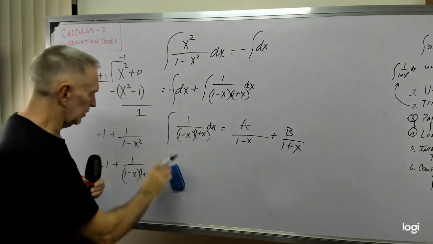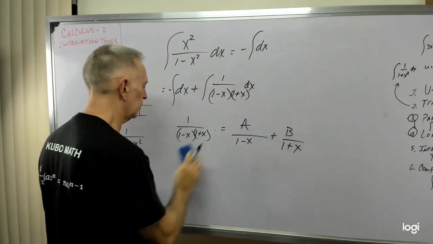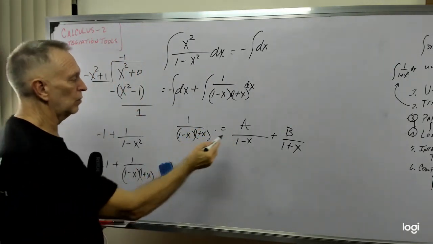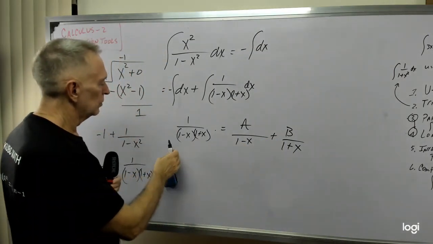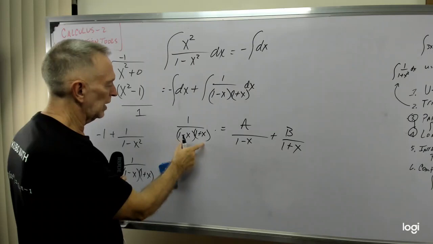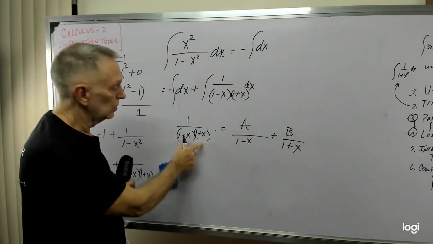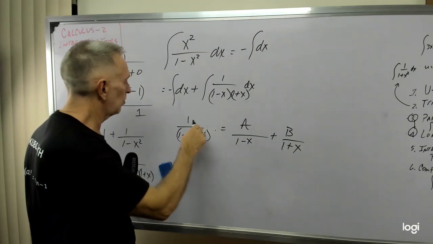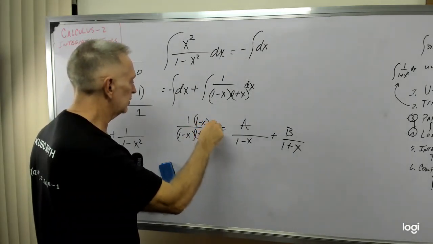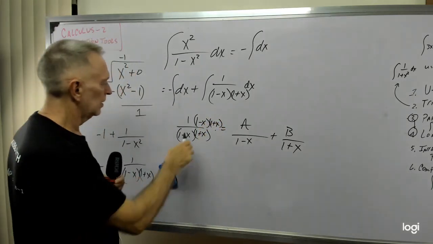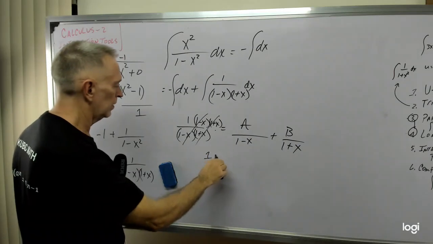Now, for the moment, let me drop the integral sign, just work through this algebraically, knowing we're going to come back to that integral. So if I multiply both sides by 1 minus x times 1 plus x, those cancel and I'm just left with 1.